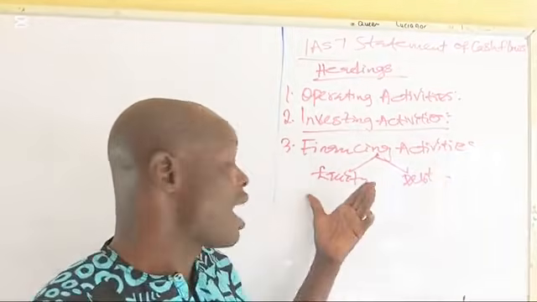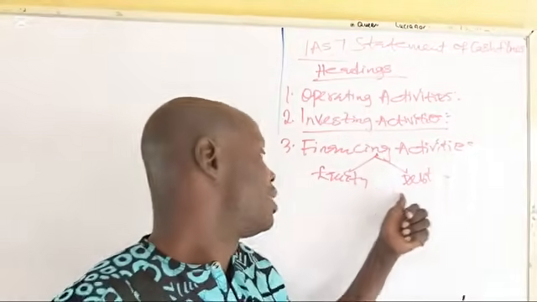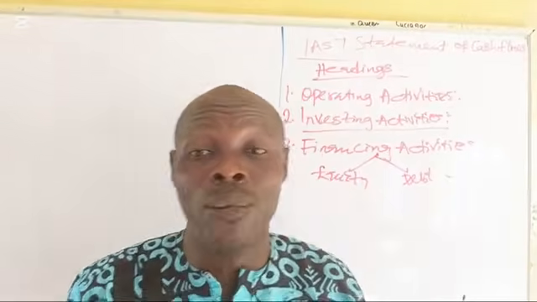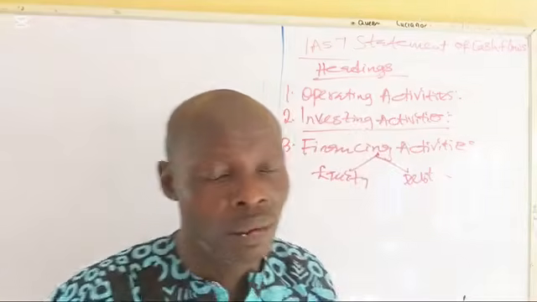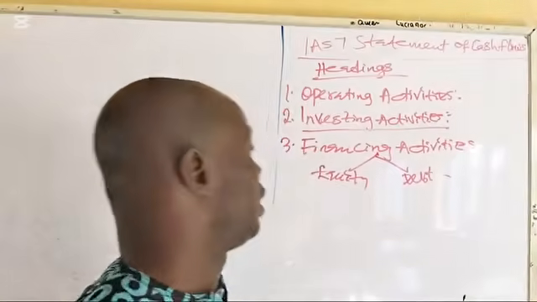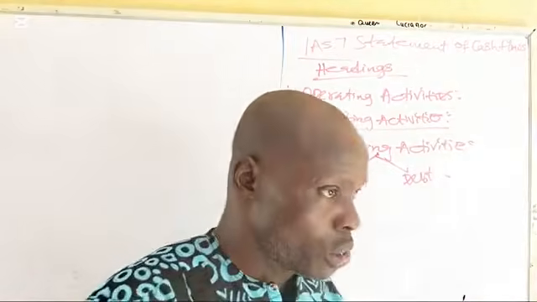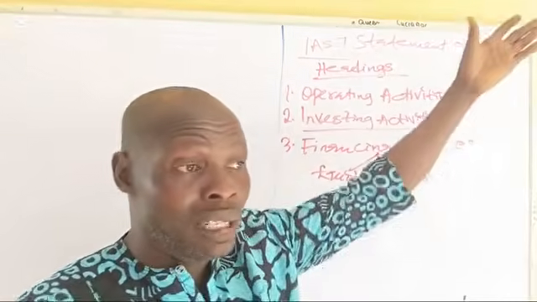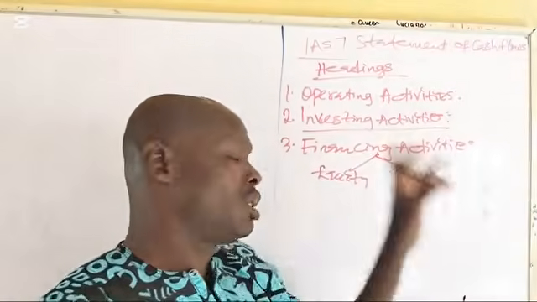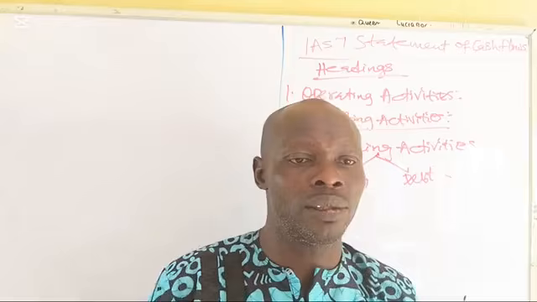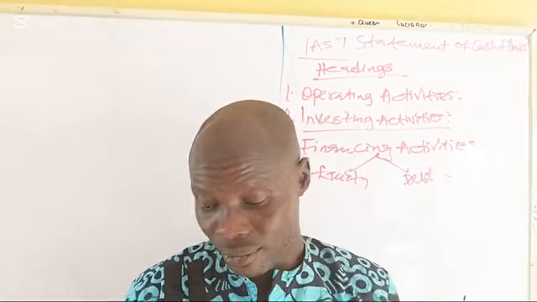So where you have issue of shares, issue of loan notes, repayment of loan notes, and dividends paid, and so on. When you have shares, you pay dividend to shareholders. So it relates to the source of finance. So these are the major headings.